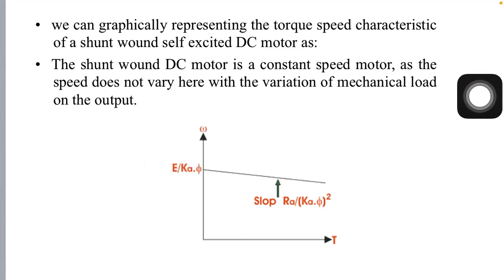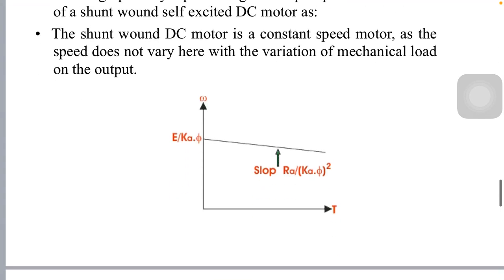The shunt wound DC motor is a constant speed motor. That is one advantage, one application of the shunt motor. Constant speed means we require a speed which does not vary with time, so in that application we generally use a shunt motor. The voltage is constant, and the current flowing through the field is separate from the armature.